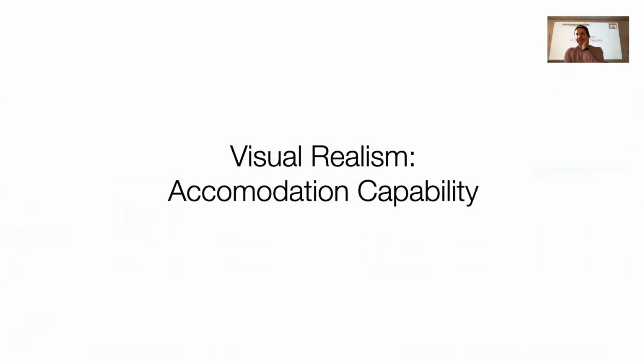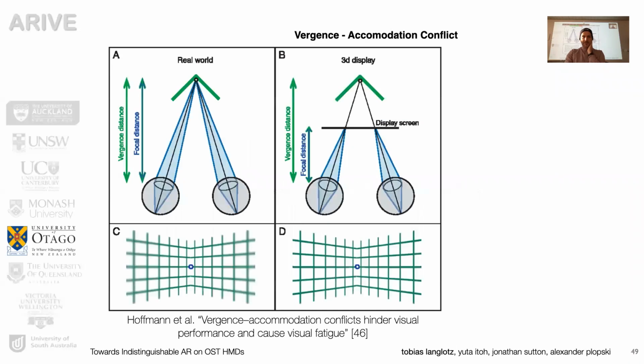So the biggest and probably most often discussed problem of optical see-through head-mounted displays is the problem of accommodation capability. So what's the problem here and why is it relevant? When we perceive the world, we focus on objects and basically create a sharp image in our eyes, doing two major things.